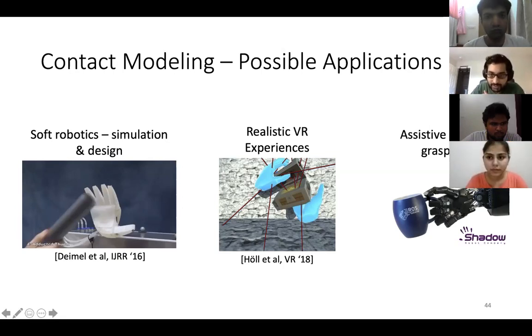So let's say someone gives us this state of the cup and state of the hand, but we need to know exactly which points on the cup are being contacted. Or even more difficult, if it's the human hand, then the human hand is actually soft and deformable, right?